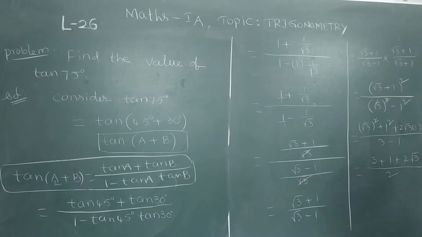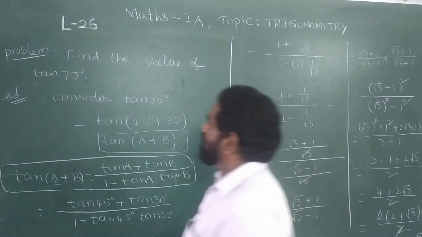How much is that? 2. The numerator will be 4 plus 2 root 3 by 2. What is common in the numerator? 2 is common: 2 plus root 3 by 2. The 2 gets cancelled. What will come here? 2 plus root 3.